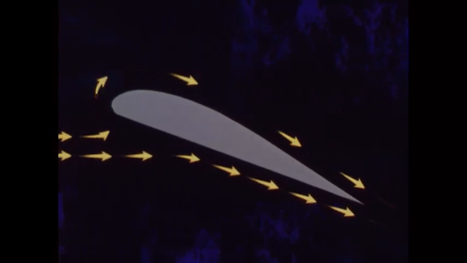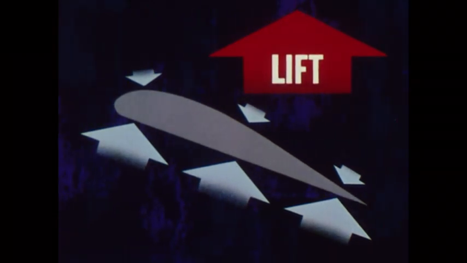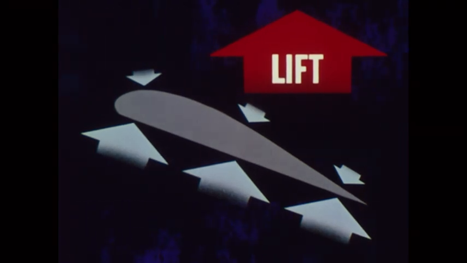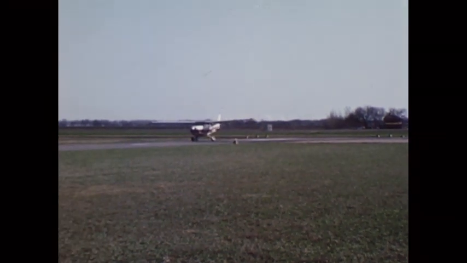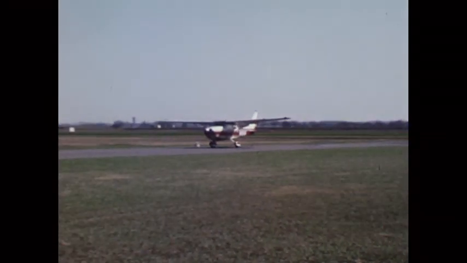Because of its lengthened path, this air must flow extremely fast to rejoin the air moving a much shorter distance across the bottom of the wing. This great difference in speed increases the difference in the air pressure above and below the wing and greatly increases lift. And so a tilted wing can develop up to 10 times more lift than a horizontal wing. When the total lifting force overcomes the force of gravity, the airplane rises into the air.